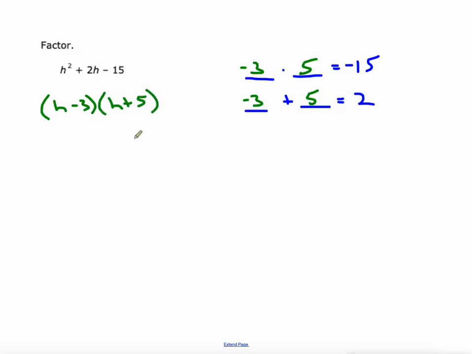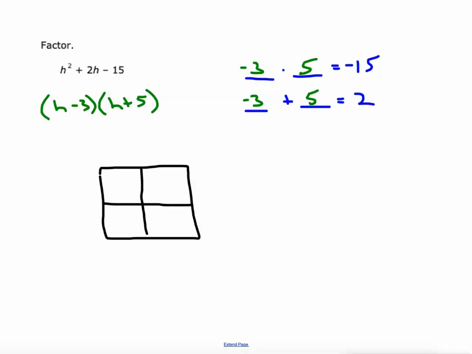I think we'll do one more rectangle diagram to show that this works. So if its dimensions were h minus 3 and h plus 5, then its area would be h squared. h times h is h squared.